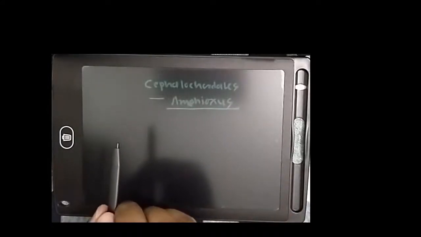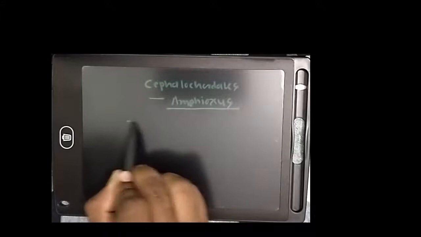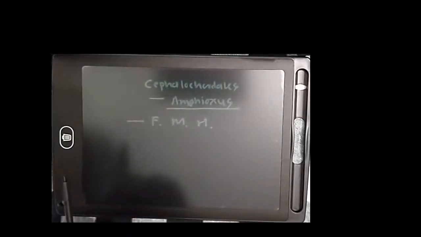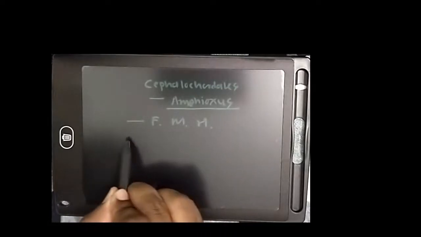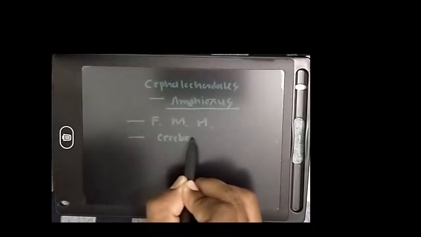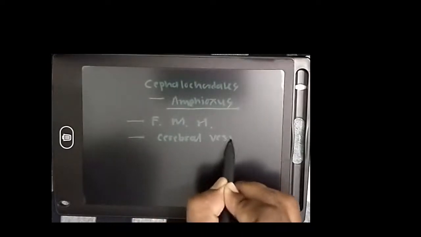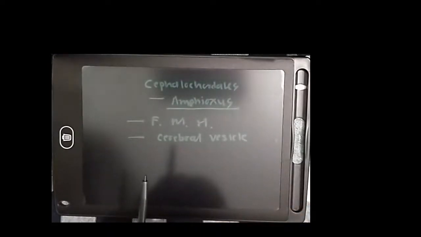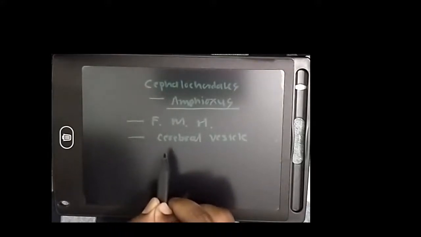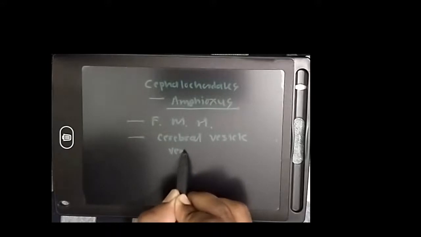See, in this Amphioxus, the brain does not consist of the forebrain, midbrain and hindbrain. So the brain is made up of only the cerebral vesicle. This is quite important here. The brain is made by the cerebral vesicle with a single enlarged ventricle.